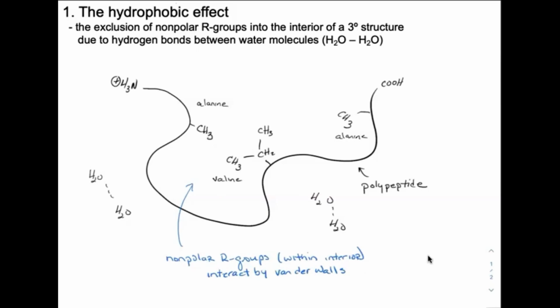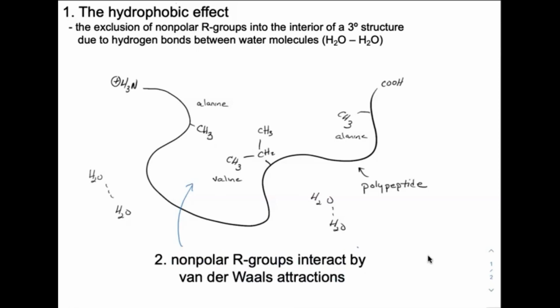So they're just being excluded together, and then as a secondary effect, they can interact here. We'll put it like this. So the nonpolar R groups are going to interact by van der Waals. So I'm going to include that in our list of interactions. The first being the hydrophobic effect is really just due to hydrogen bonding.